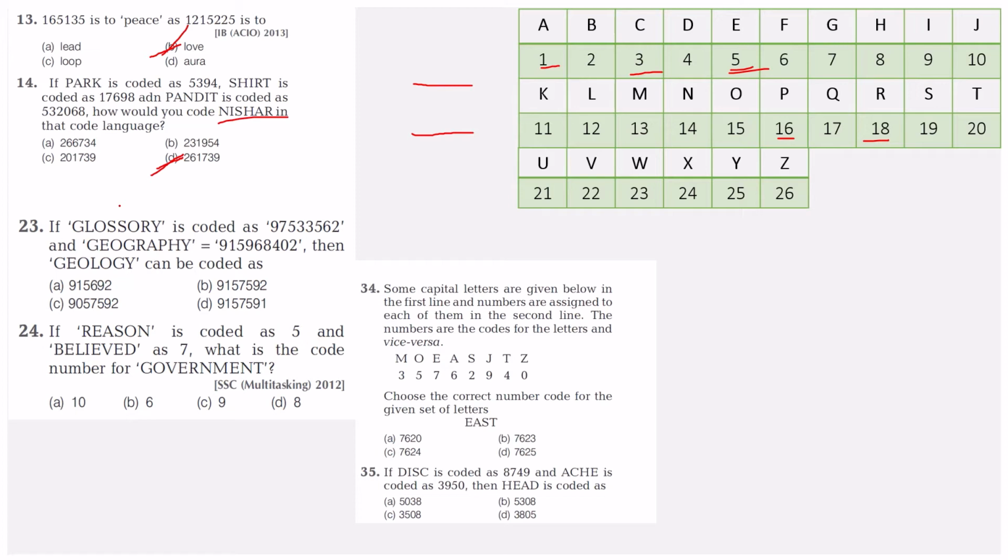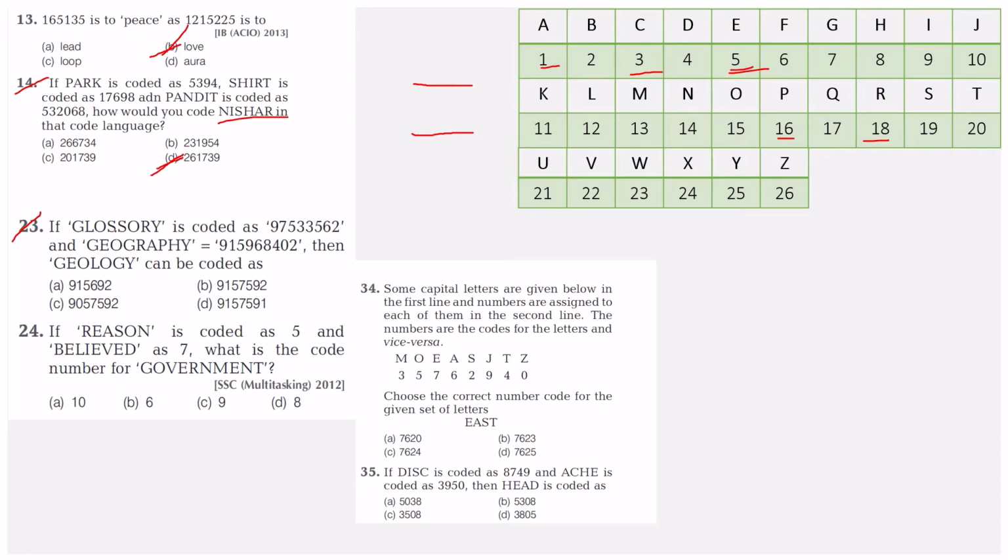Yeah, the time is up. Even the 23rd question follows the same pattern as the 14th question. If you compare those two, glossary is coded as 9753356 and geography is coded as 915968402. Just count the letters and the numbers. The number of letters equals the number of digits in the code, so they may have given assumption numbers for the given letters. 3, 6, 8 are there, and here 3, 6, 8 are there.